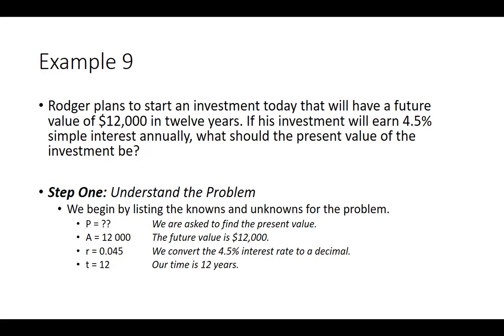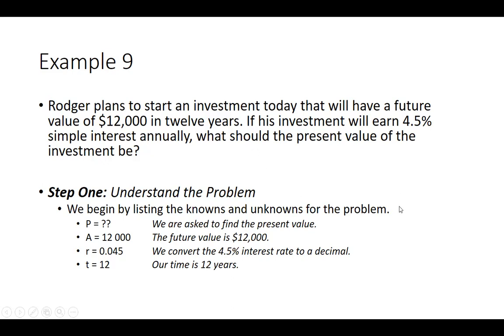A is the future value given of $12,000. So A is 12,000. R, we convert our 4.5% interest rate to a decimal and we get 0.045. And T, the time in years, is 12. Future value of $12,000 in 12 years.